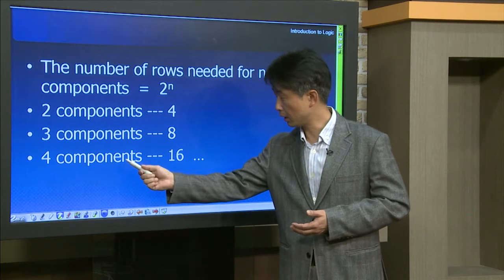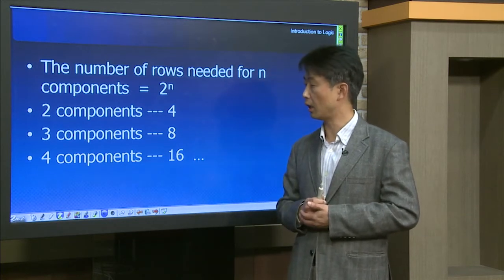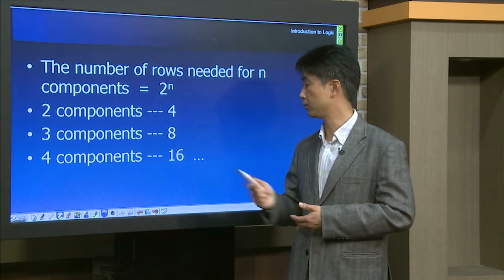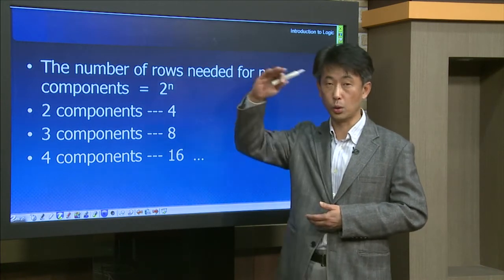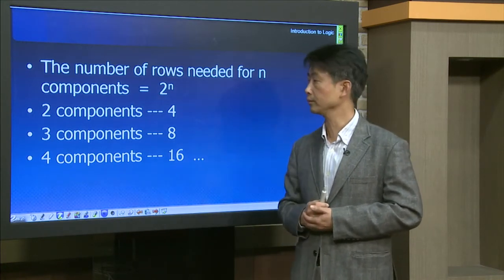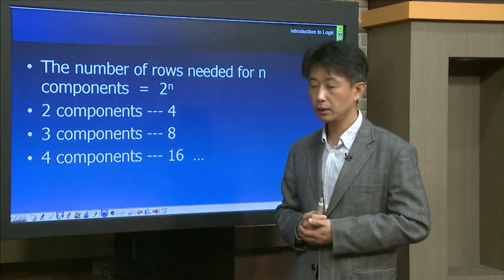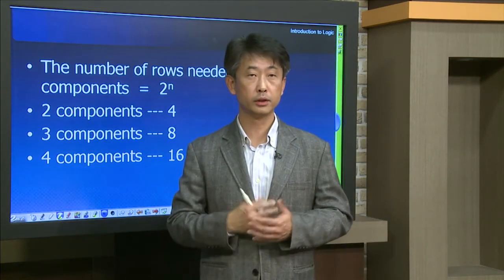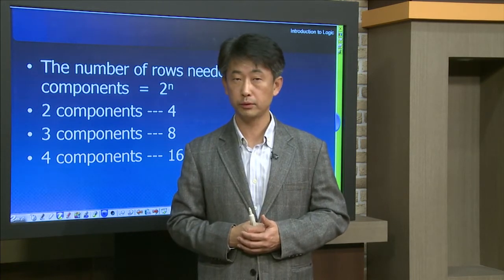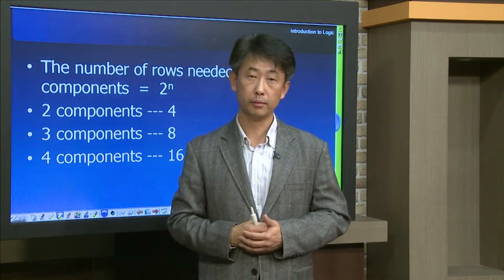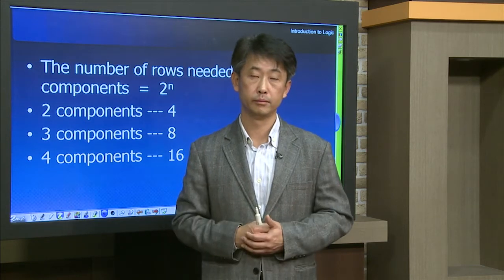When the number of component sentences is 4, you have to construct 16 rows. So depending on the argument that you have, the truth table method may take a long time.